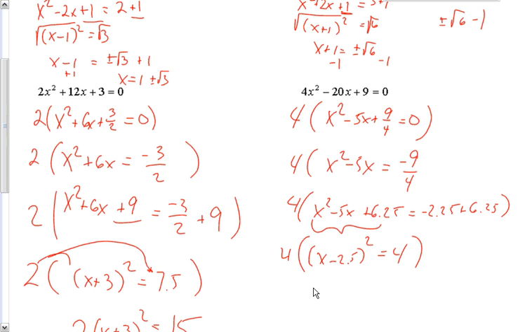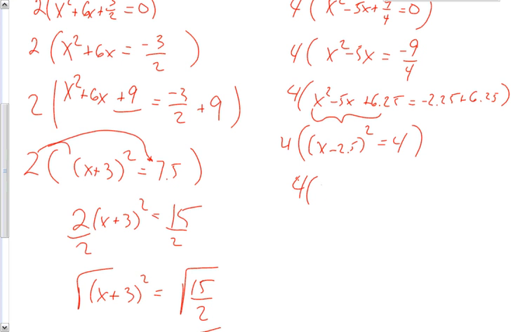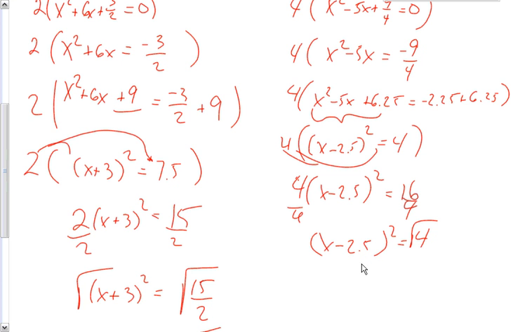All right, so at this point, for solving it, all we got to do is write it as 4 times x minus 2.5 squared equals 4 times 4, which is 16, right? So I'm just going to do that one step. Divide by 4 to solve it. Yeah, notice how it just undoes it. The reason I do it is because if we put it in vertex form, we're going to have to put that 4 back, okay?